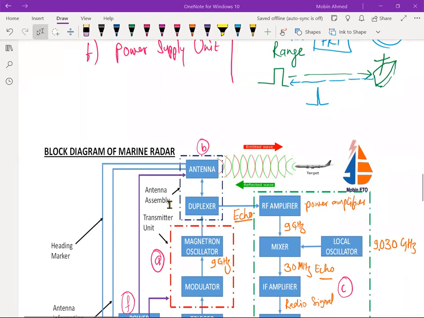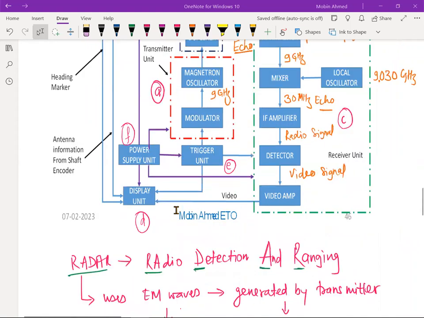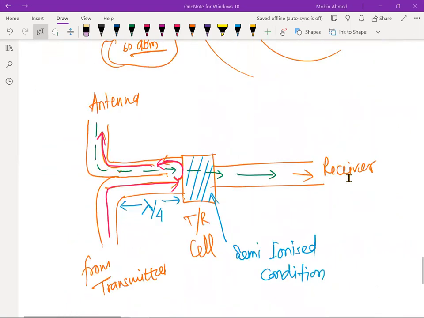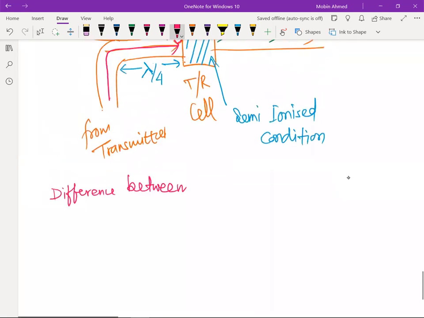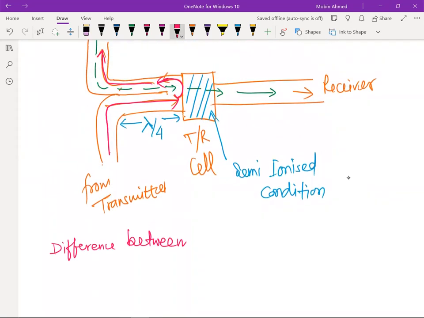Now we will see the difference between the X and S band radar. This is the diagram I have made.